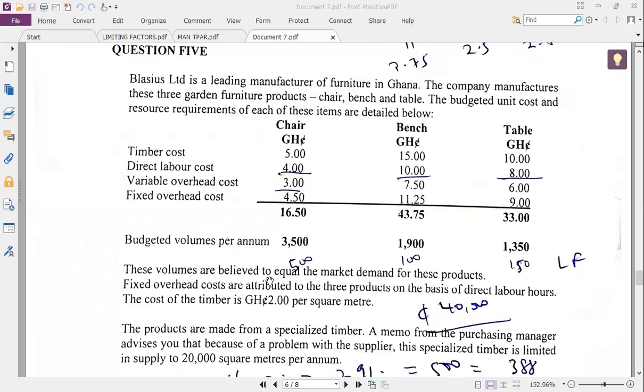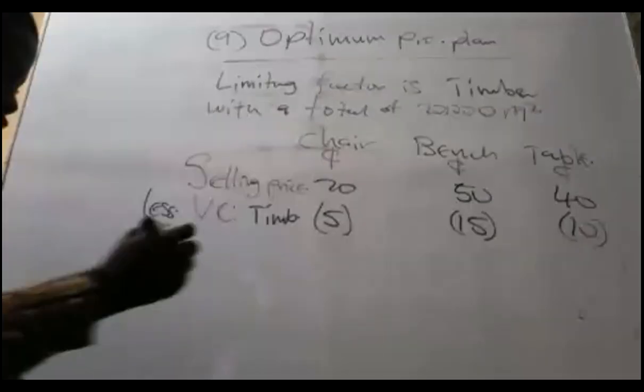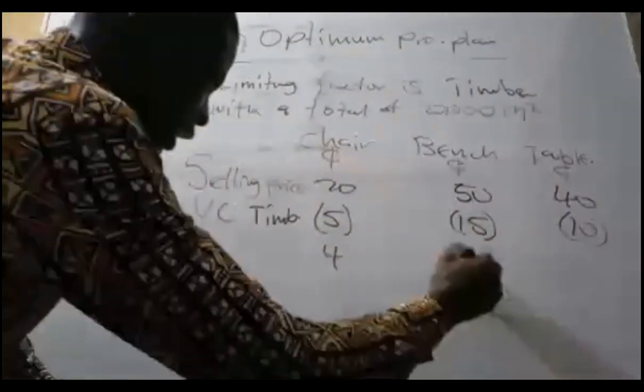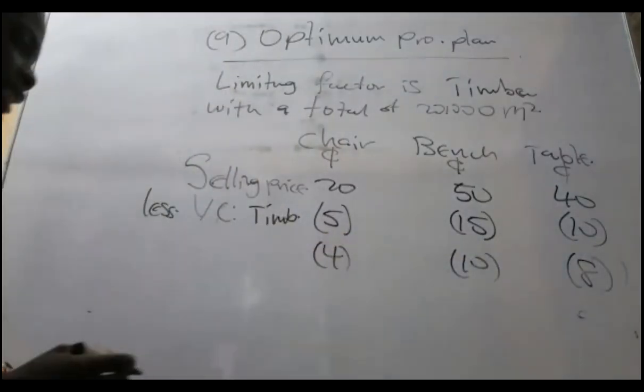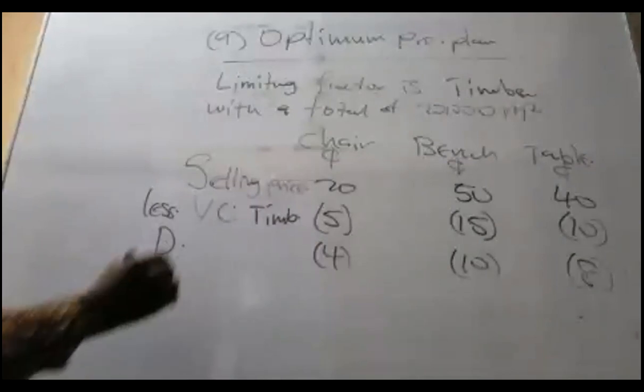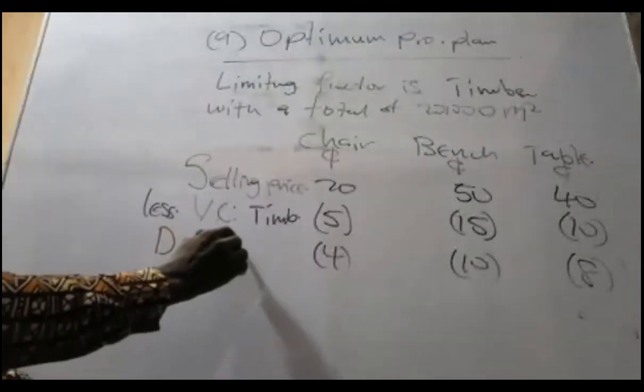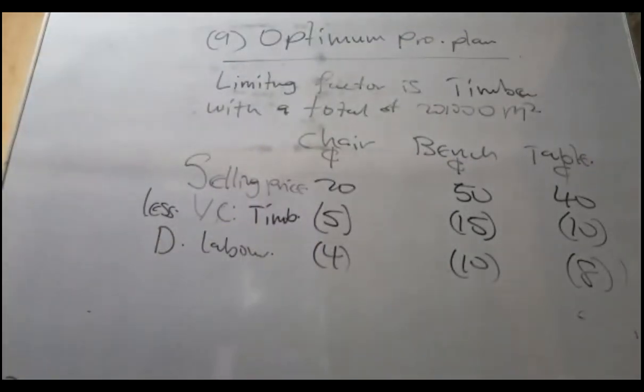The next one is direct labor costs, which is 4, 10, 8. So 4, 10, and then 8. Let me write down first before I forget about it. So call it what? Direct labor cost.